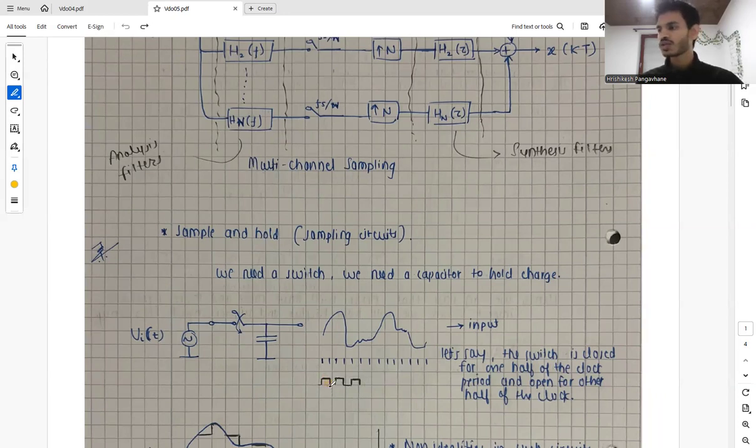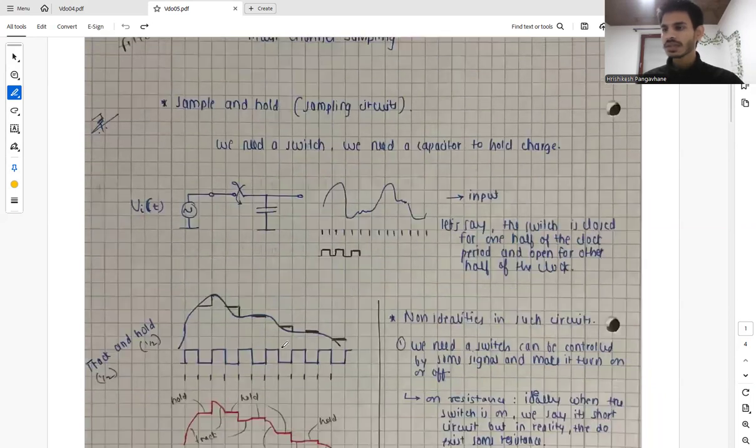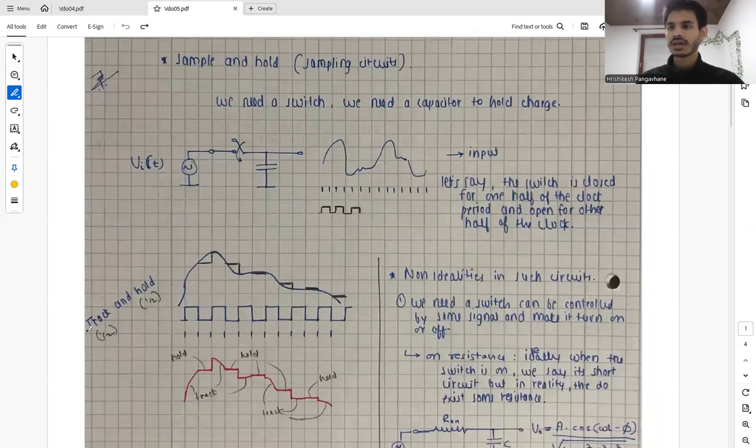So let's say the switch is closed for one half of the clock period, and it is open for the other half of the clock period. It looks like this. So what we are doing is we have our clock, which is representing our sampling frequency, basically, or the time T.